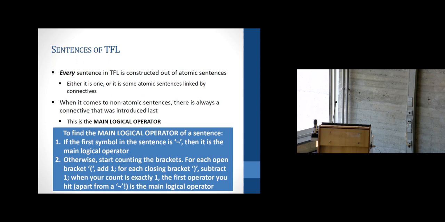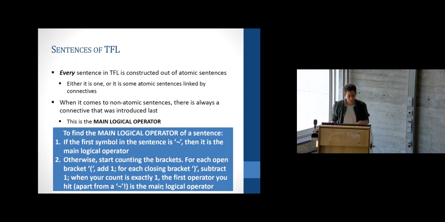Now, if you have a sentence that involves connectives, there is always a connective that was used last, so to speak. It was always a last step to get to our connective. The connective that was used last, or the last rule that we use to get the final sentence, is called the main logical operator, or the main logical connective. This is a very important concept when we move on to the next lecture.